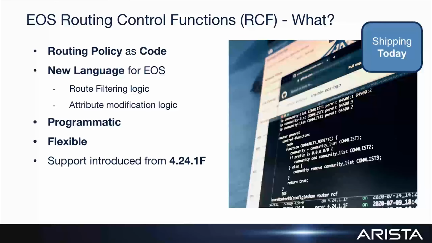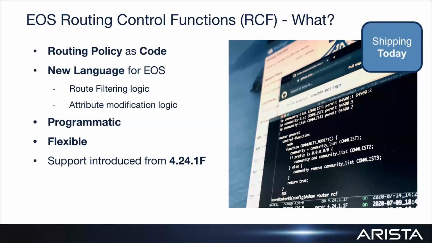And so announcing our new technology, routing control functions, or RCF, this is a much more flexible means of defining your route policy, essentially as code. For those of you with a background in programming languages, it will seem much more familiar to you than the traditional rigid route map approach.